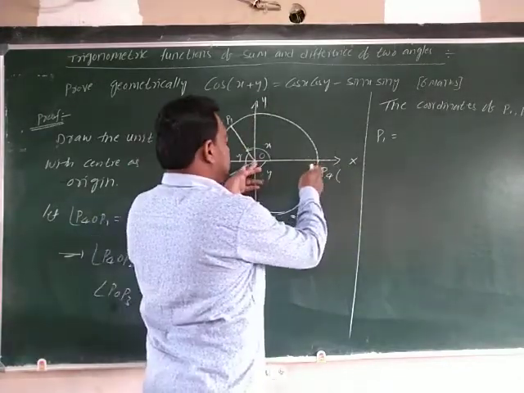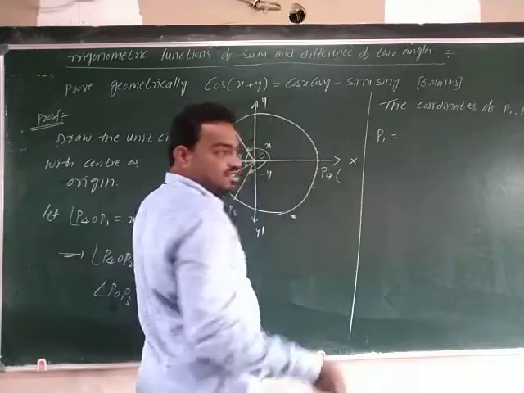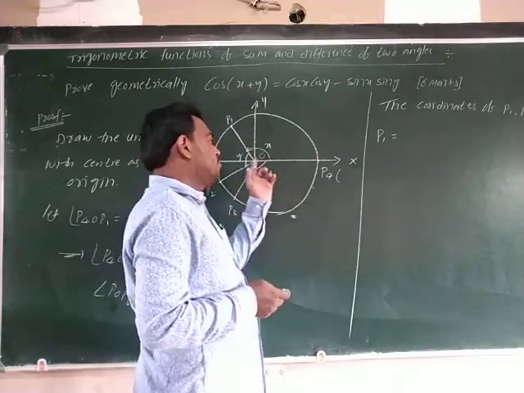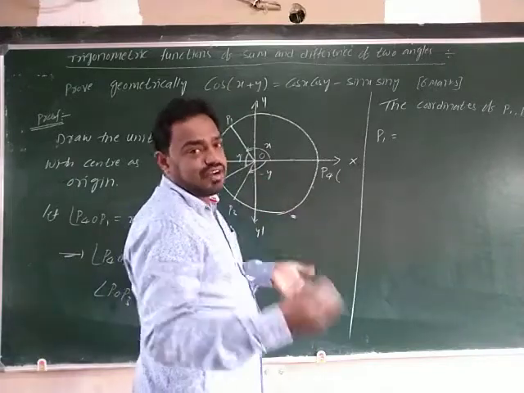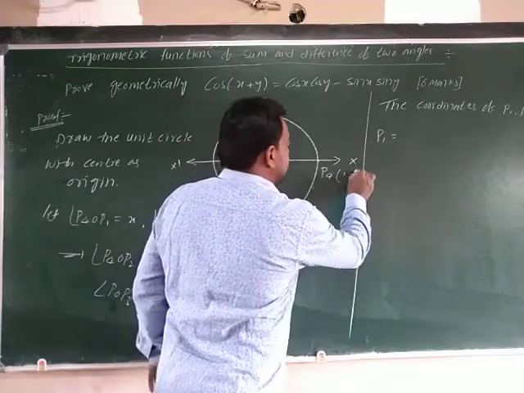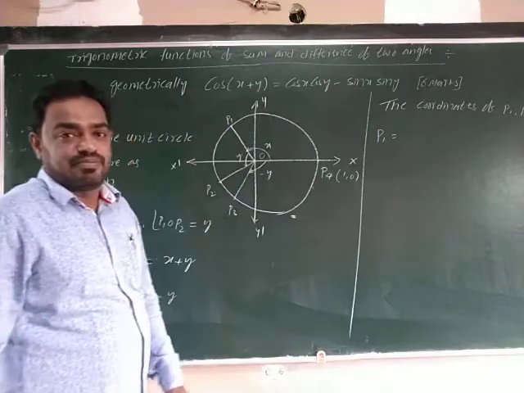OP4 is nothing but the x coordinate, and OP4 is the radius of the circle, which is 1 unit. So P4 is 1 comma 0. So P4 is easy now.